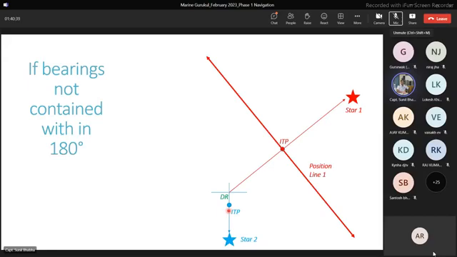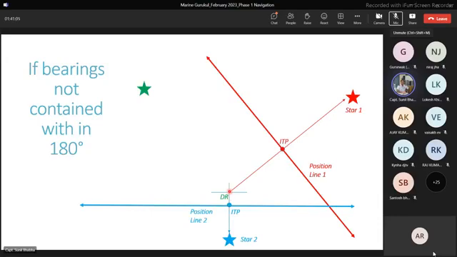You can see the ITP coming up. The position line will be passing from the ITP and will be perpendicular to the azimuth of the star. So let's mark the PL. You can see the number 2 PL, the blue color PL coming up. It is passing from the ITP and it is perpendicular to the azimuth of the star. This is position line number 2.